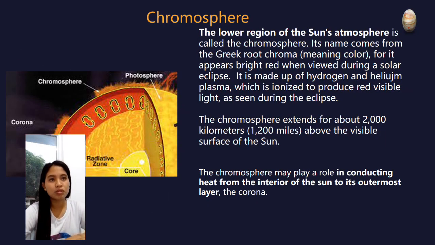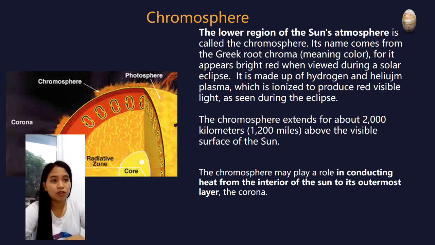Next layer is what we call the chromosphere. It is the lower region of the sun's atmosphere, and its name comes from the Greek root chroma, meaning color, for it appears bright red when viewed during a solar eclipse.